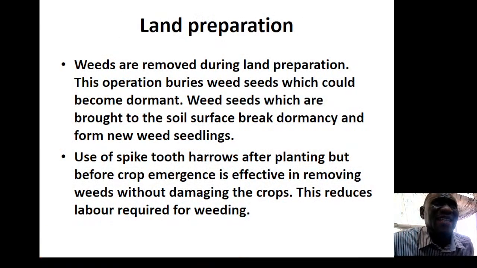Now during land preparation, weeds are removed. This operation buries weed seeds which could become dormant. Weed seeds which are brought to the soil surface can break dormancy and form new weed seedlings. So this type of operation can actually create other problems.